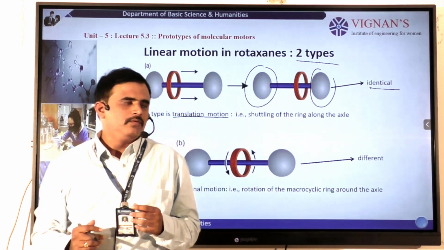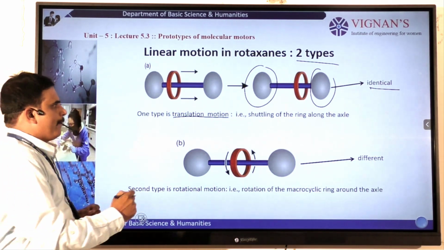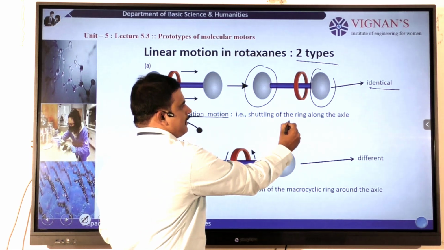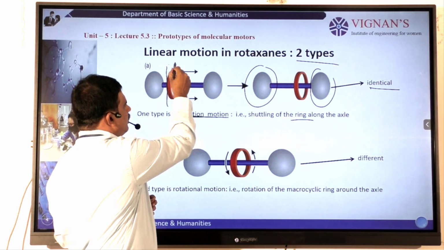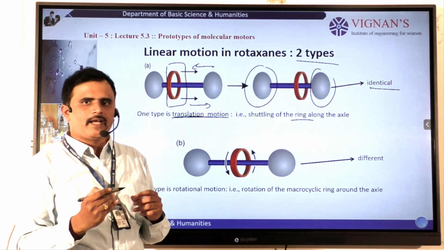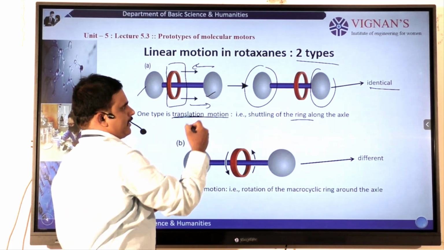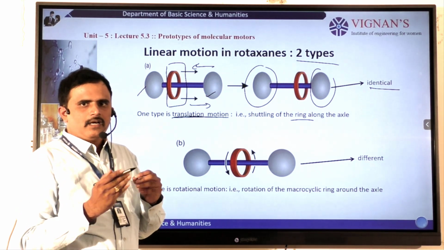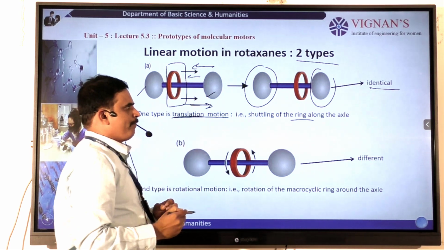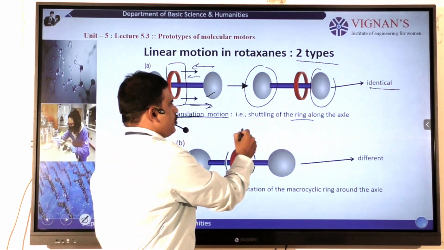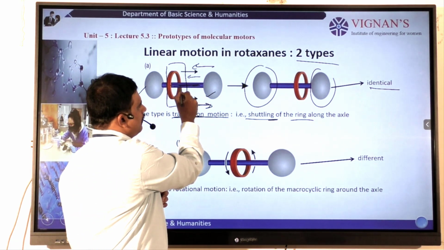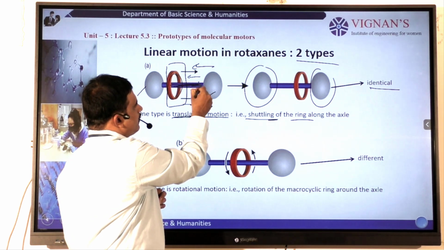In translation motion, the center ring moves in this direction or that direction with the help of interactions with the brake components, either to the right side or the left side. That movement is a shuttling of the ring along the axle.